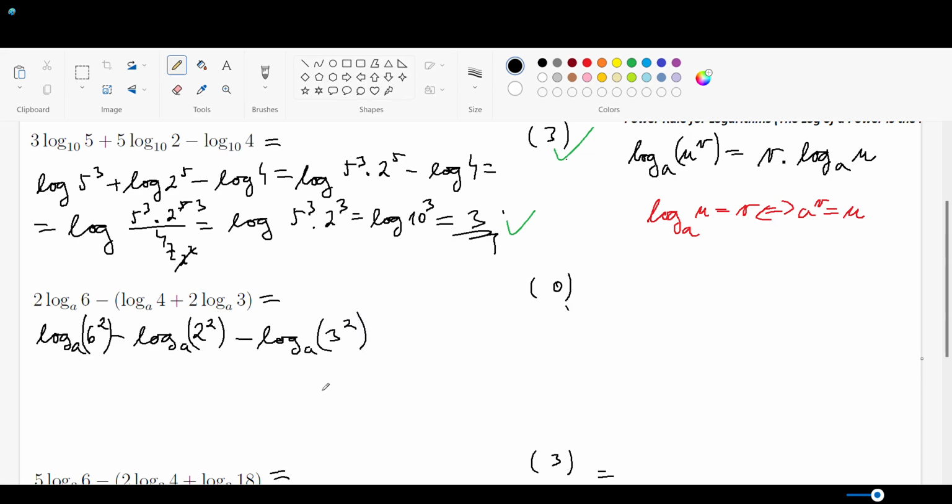Okay, and now again the same thing I was applying before.